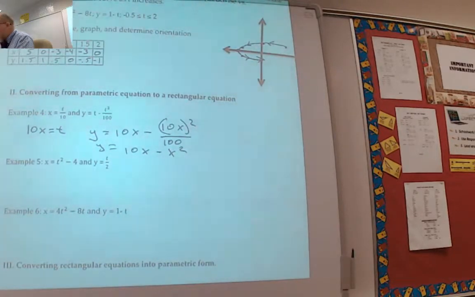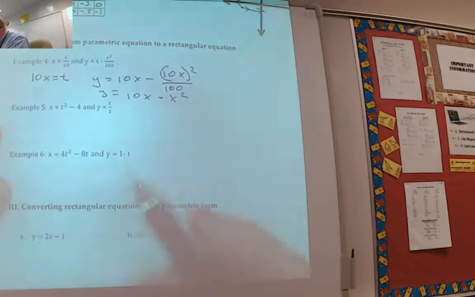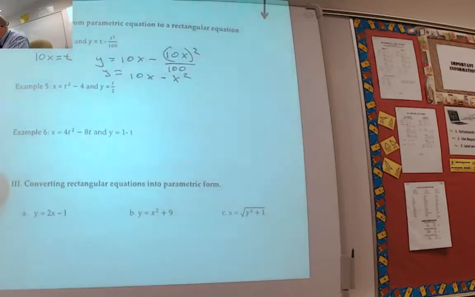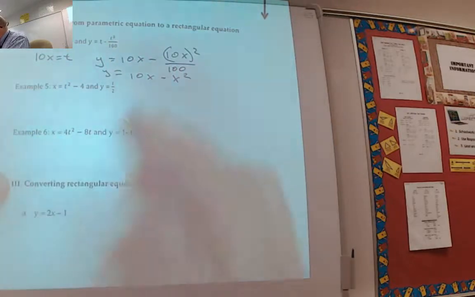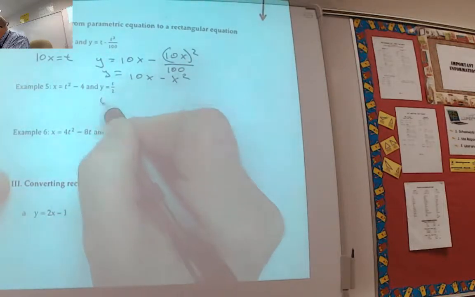All right, so I will ask Abby, tell me what to do here. Which variable would you choose? Why? Okay, so you just have to times by 2. So it'd be t equals 2y.